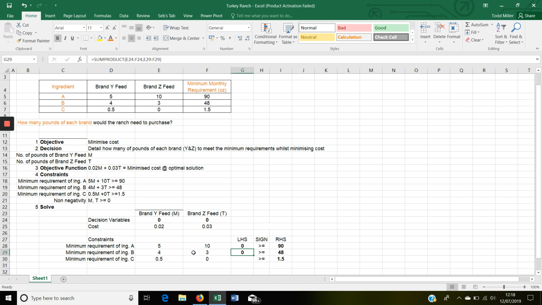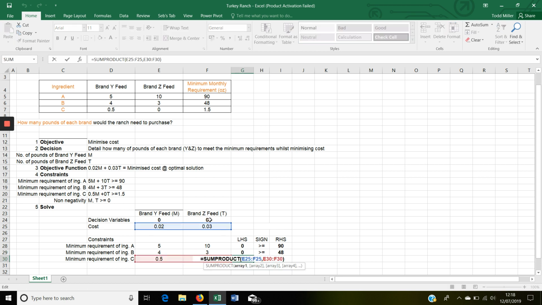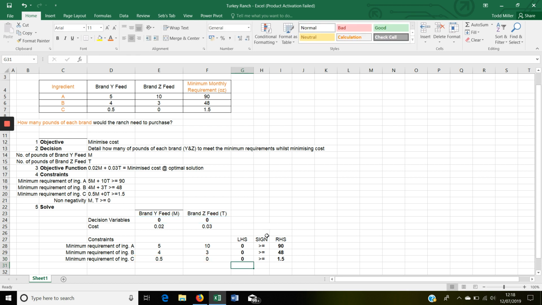Now you can copy and paste your SUMPRODUCT, but beware, these blue cells are pulled down because we've not fixed them. The way that you fix it is by including a $ sign, and this will then fix that, and it will be static wherever you copy and paste it. So we're just going to add in one in here and one in here, and yes, it changes these.